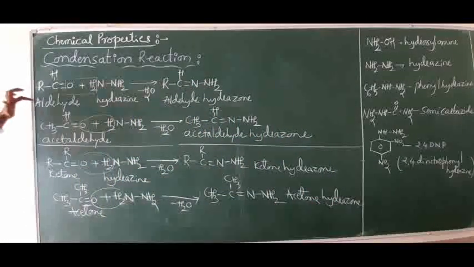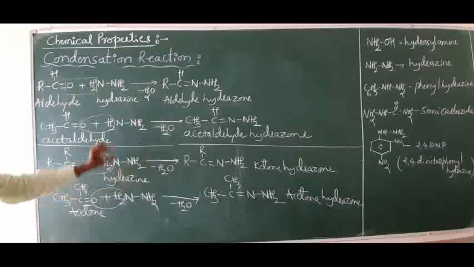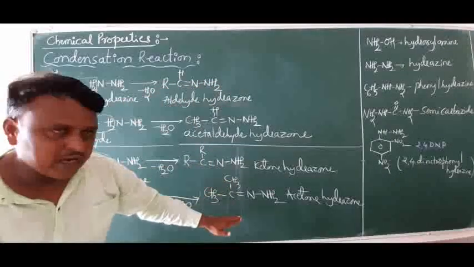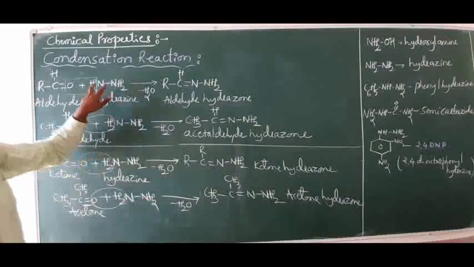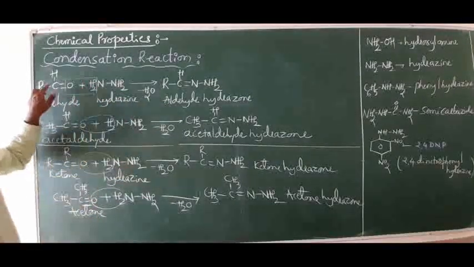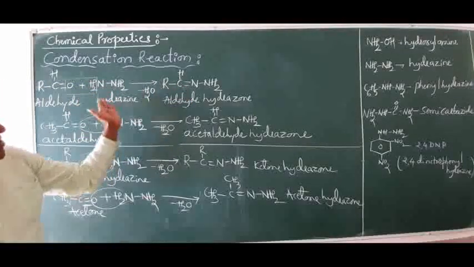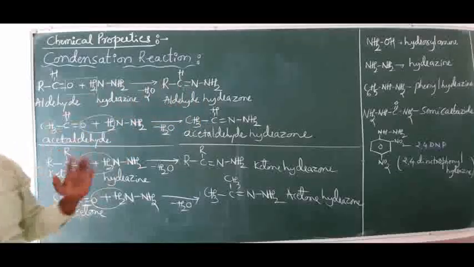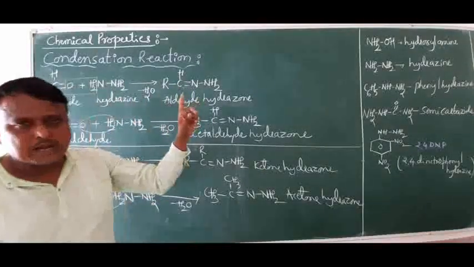I repeat once again, either aldehyde or ketone reacts with hydrazine to form the corresponding hydrazone. Just keep in mind, just replace water, condensation of carbon to nitrogen with a double bond. Hydrazines to hydrazones. Today we have two condensations: one is hydroxylamine, second one is hydrazine.